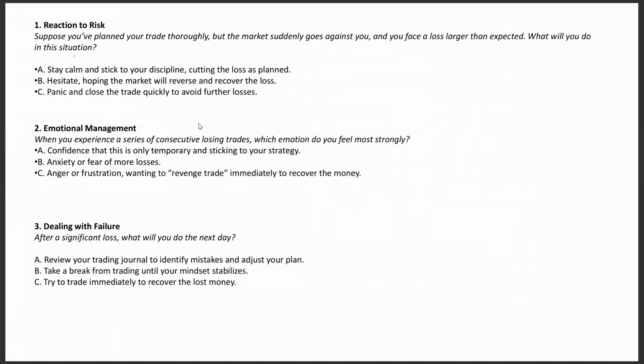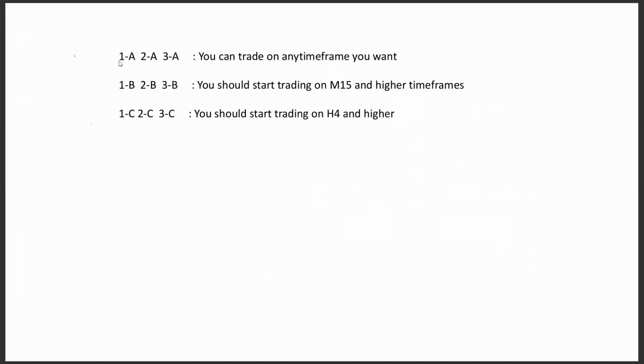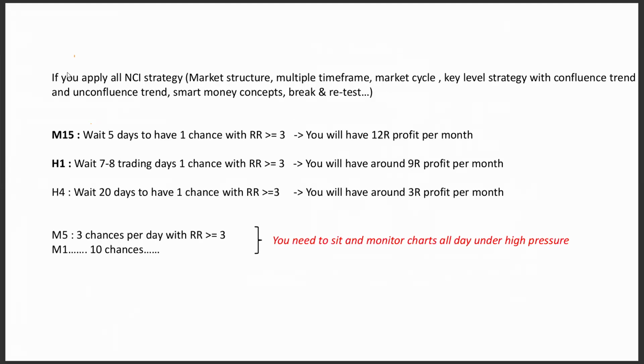But let me summarize for you. If you're a newbie, or rather, you're not a newbie, you're just learning the strategy, you've been training for a while, whichever way, just focus on M15 and higher time frames. Commit to 4 hour and higher time frames, but you just have fewer opportunities with this. Because 1 minute, 5 minutes, 1 minute especially, would take a toll on your emotion and psychology.